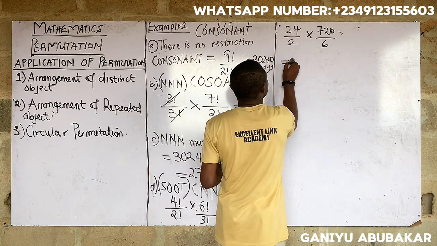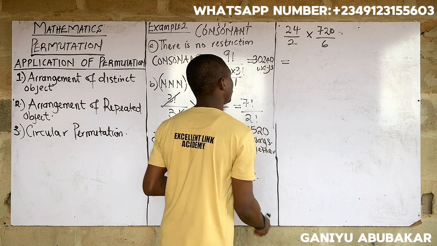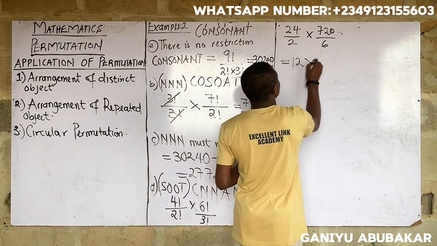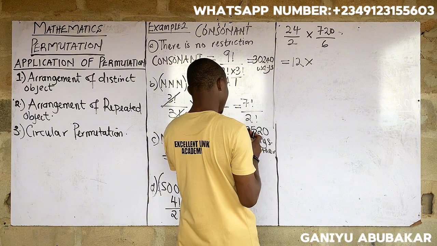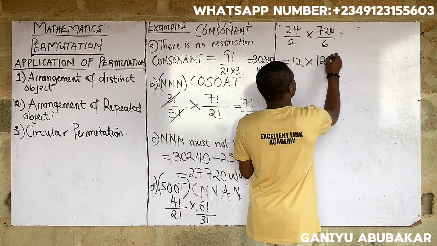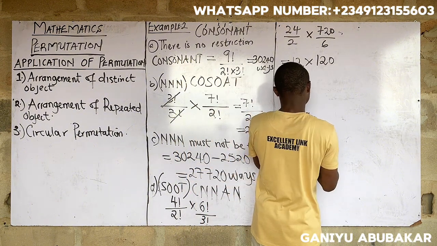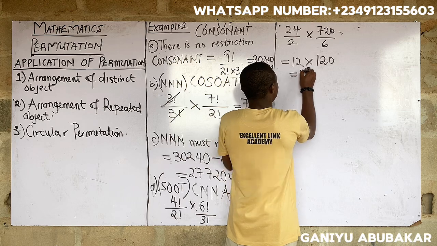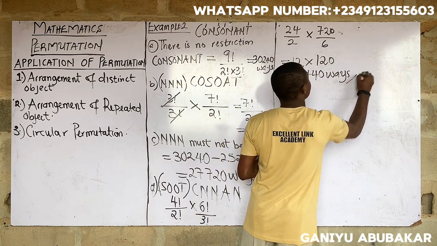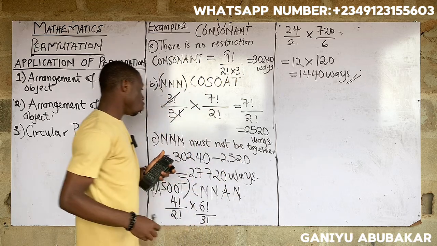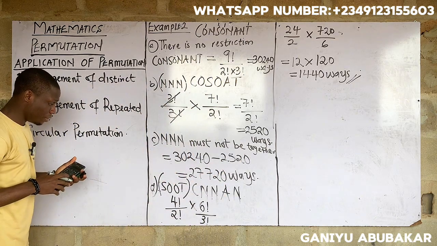If I divide 24 by 2, I'll have 12, times, divide 720 by 6, I have 120. Multiply that 12 by 120, I have about 1440 ways. So it becomes your answer to question D.